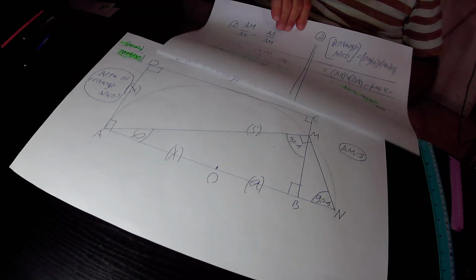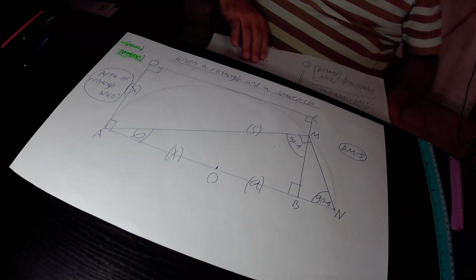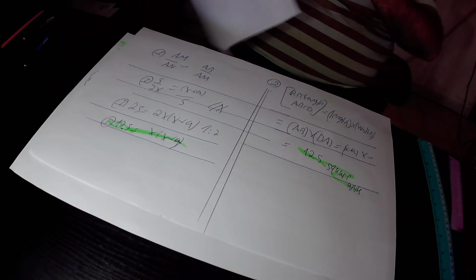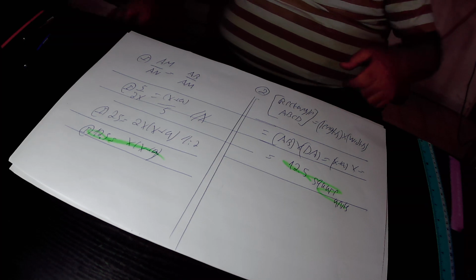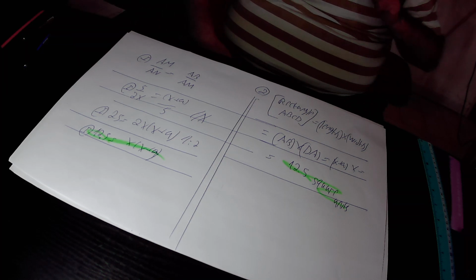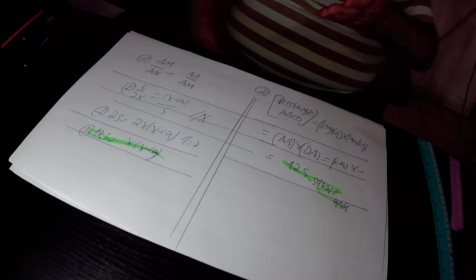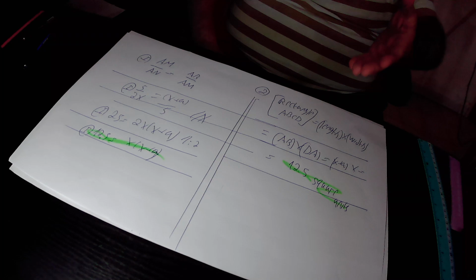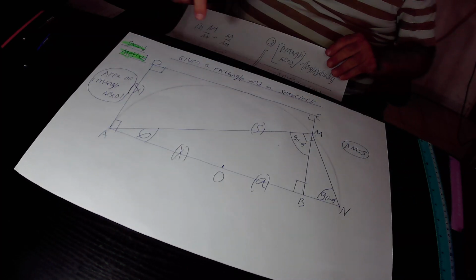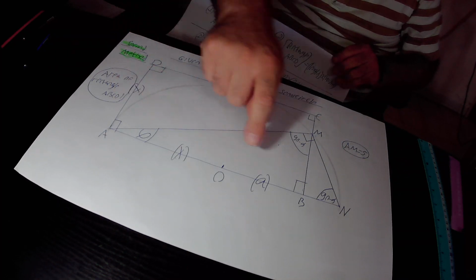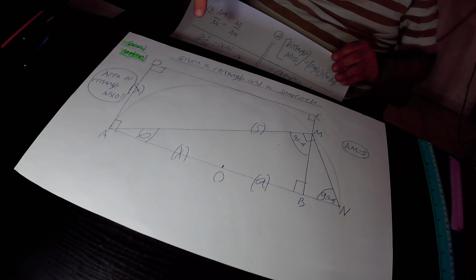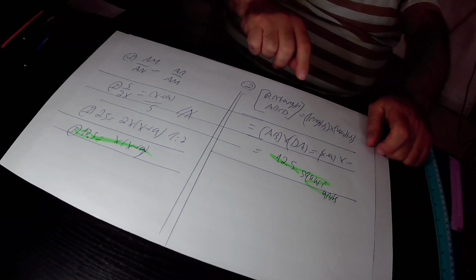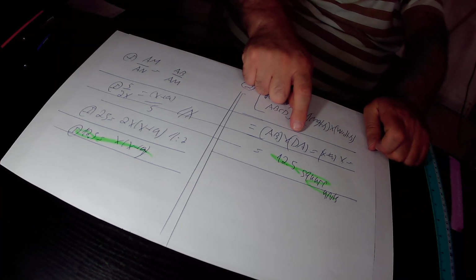Our mission is to find the area of this rectangle ABCD. So what is the area of rectangle ABCD? We know that the area of any rectangle equals the length of the rectangle times the width. The length of rectangle ABCD is AB, and the width is DA.